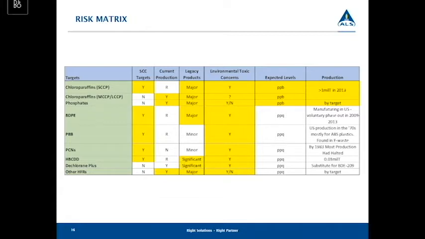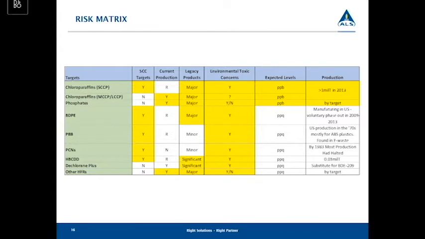This slide here is my bad attempt at a risk matrix, so that you understand the couple of slides before where I was identifying some of the priorities. Included on this are the Stockholm Convention targets. Are they on that list? Yes or no?